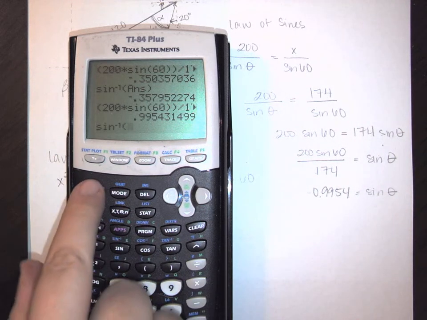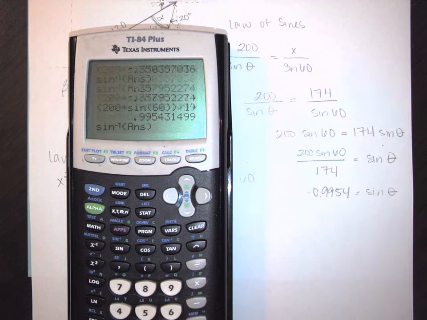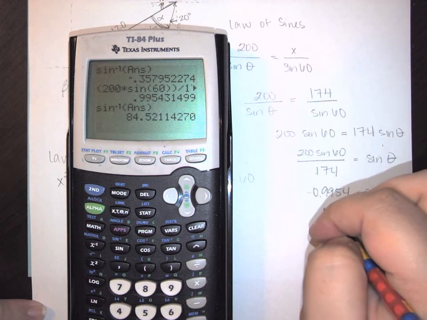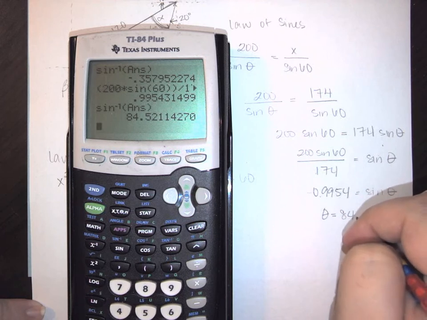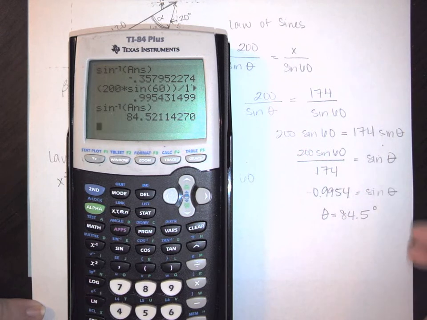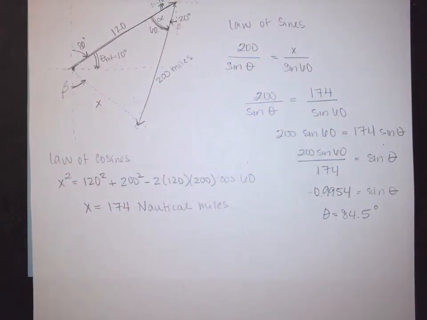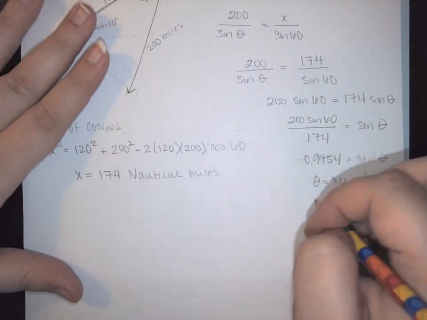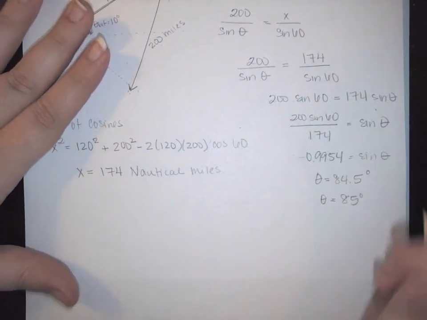The inverse sine of my answer is going to give you that my theta is equal to 84.5 degrees. So I would go ahead in this situation, I would round up to the next degree, which tells you your theta is equal to 85 degrees.